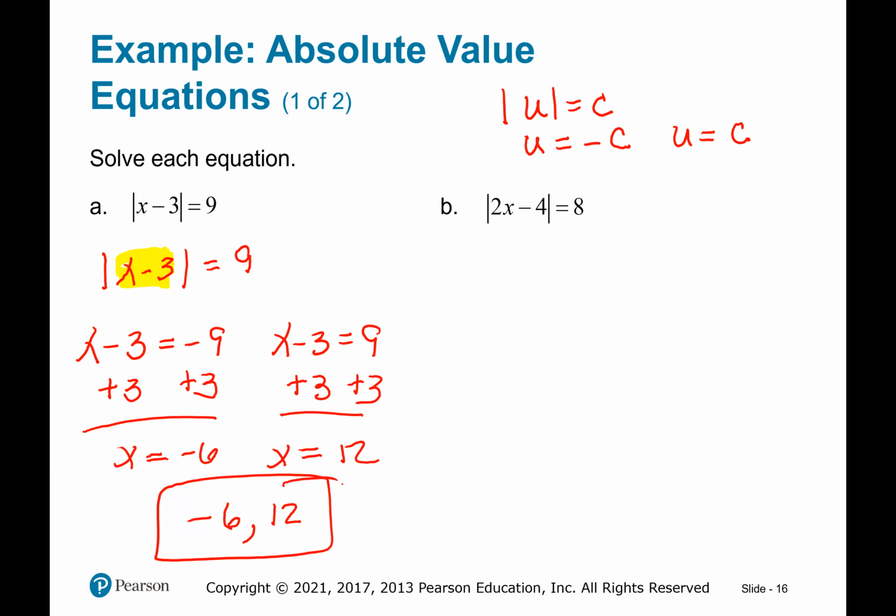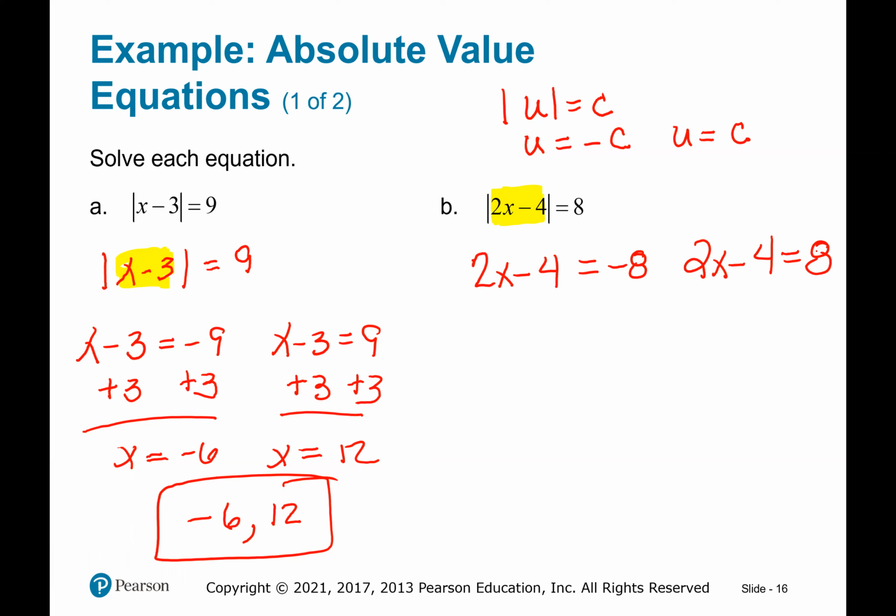So how would I solve this next one? Maybe not as easy for me just to look at and figure out. You're going to take what you're taking the absolute value of, which is 2x minus 4. You see that? That's what you're taking the absolute value of. And you're going to set that equal to -8, because can you take the absolute value of -8 and get +8? And you're going to set it equal to +8.